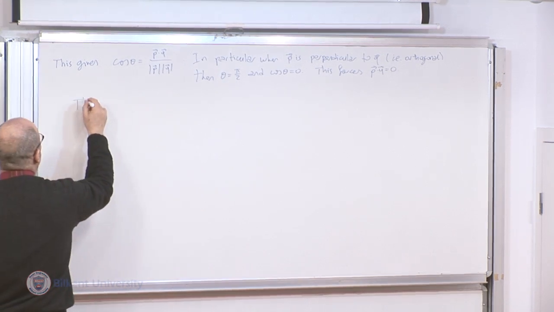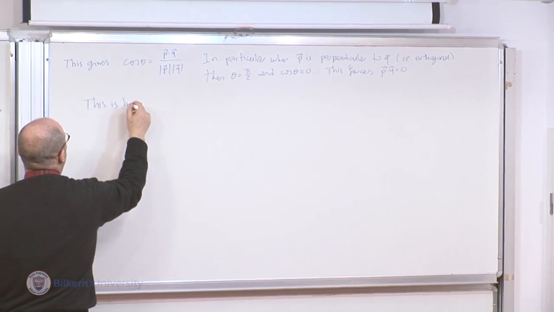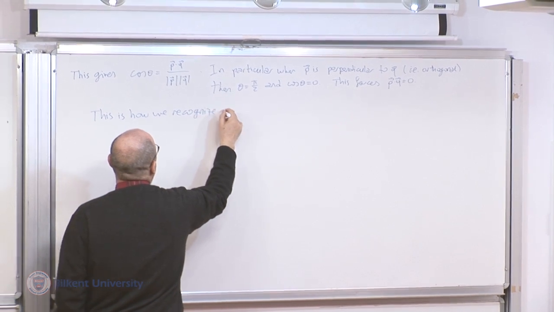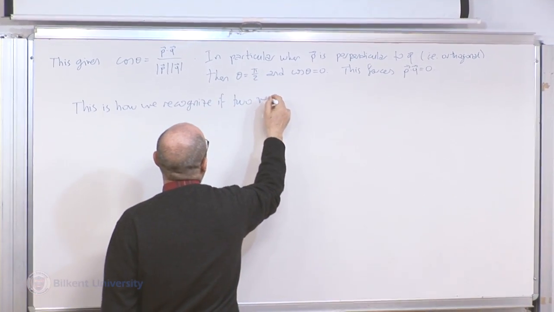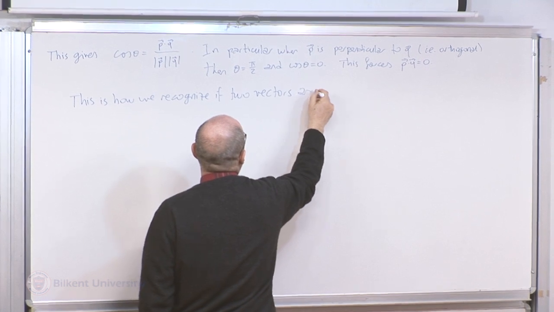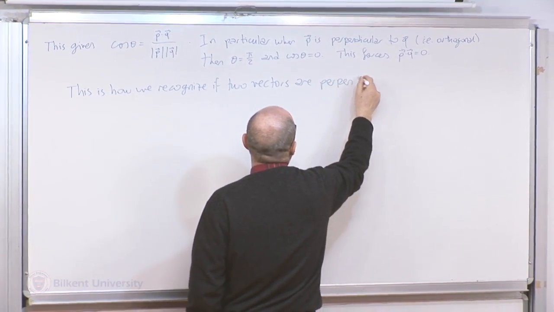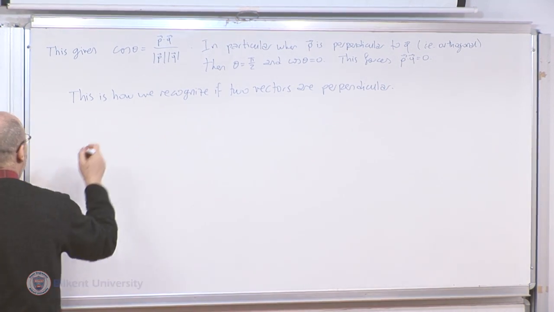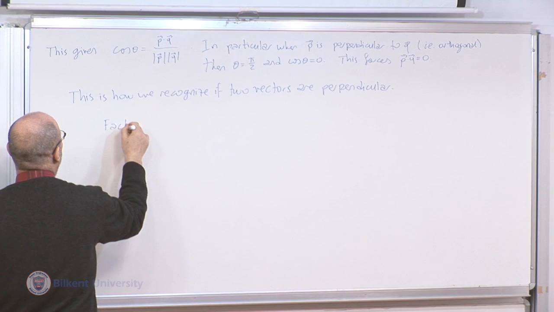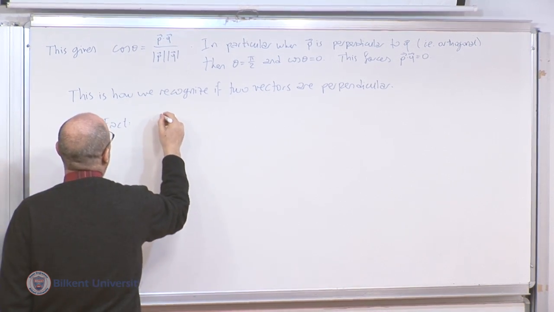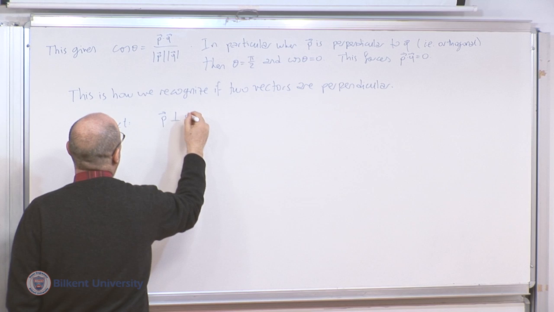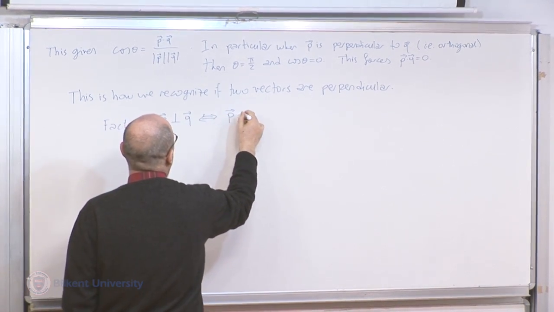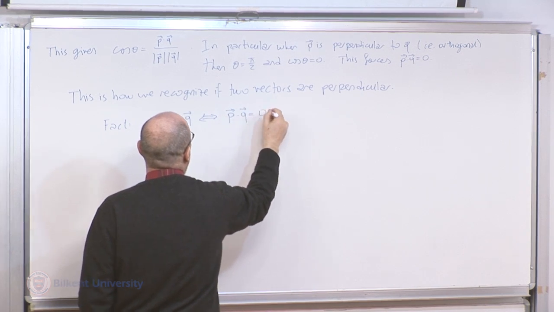So this is how we recognize if two vectors are perpendicular. This is again another fact which we will use: P is perpendicular to Q means the same thing as P dot Q equals 0.